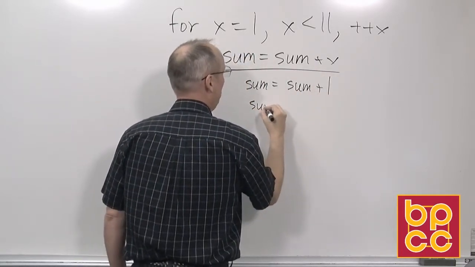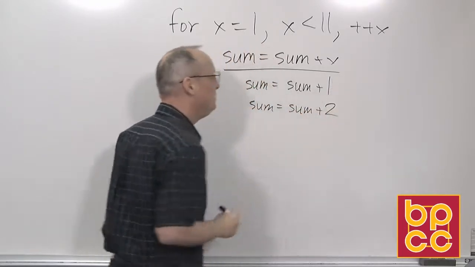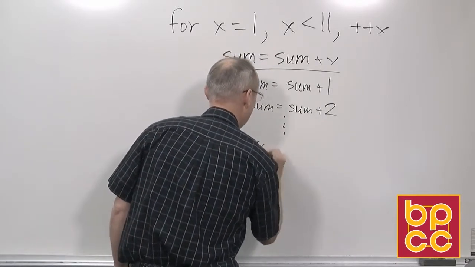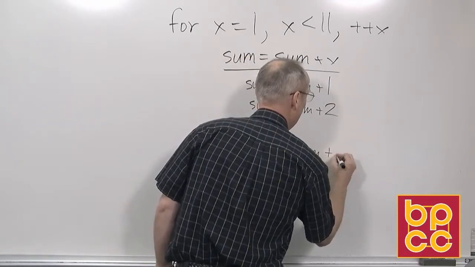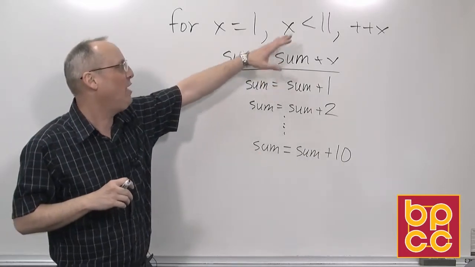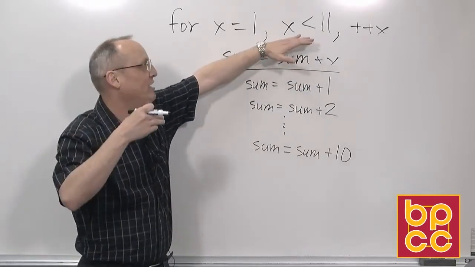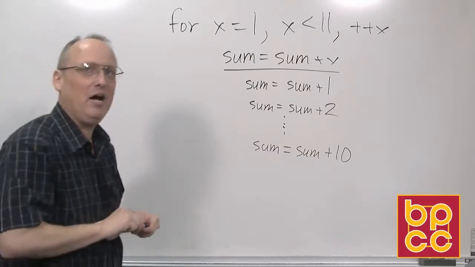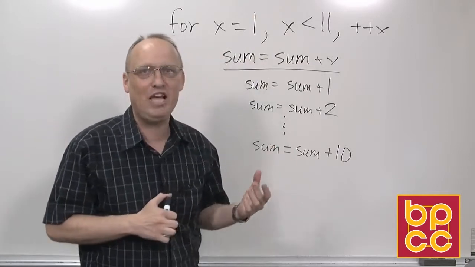The second time through, it will be sum equals sum plus 2, and so forth all the way down through the final iteration, sum equals sum plus 10. And then after we go through the 10th iteration of this loop, it will exit out because we've reached our exit condition. But a for loop, because of the way they're configured, is set to run a fixed number of times.